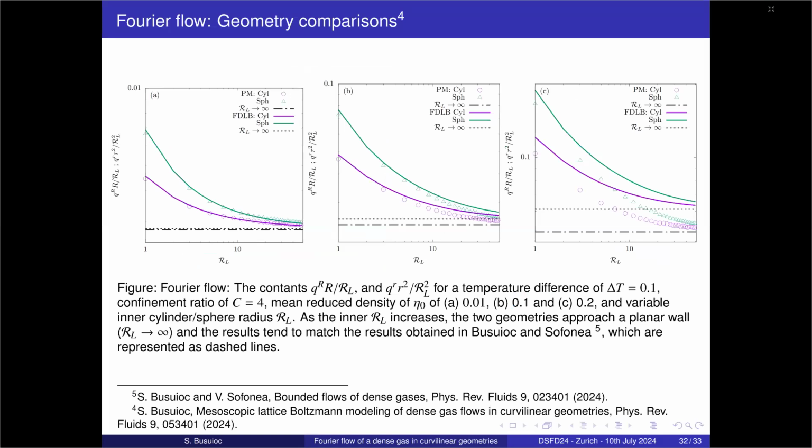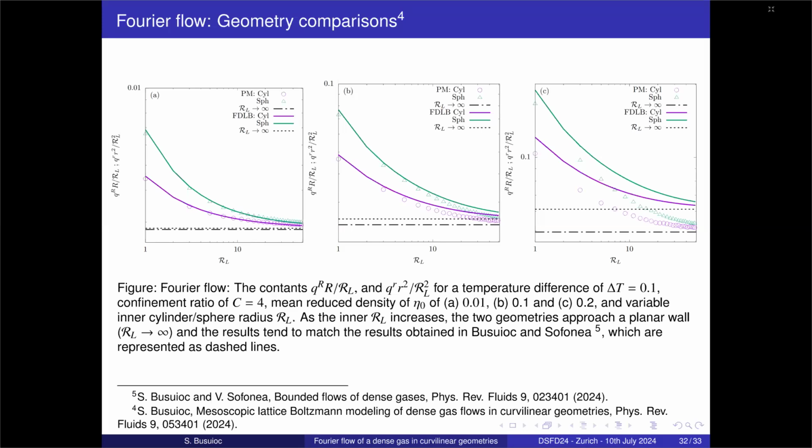And here what we did, in order to compare to Cartesian cases, we fixed the distance between the cylinders and spheres and just moved basically both radii to higher values. So as I go to very high radius, I should recover the Cartesian case Fourier flow. So the same values. So basically the first is using a very small density.